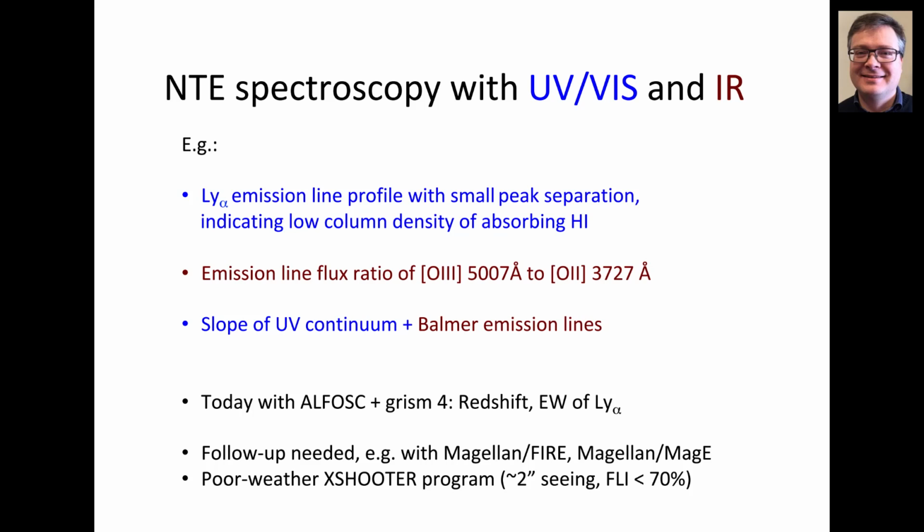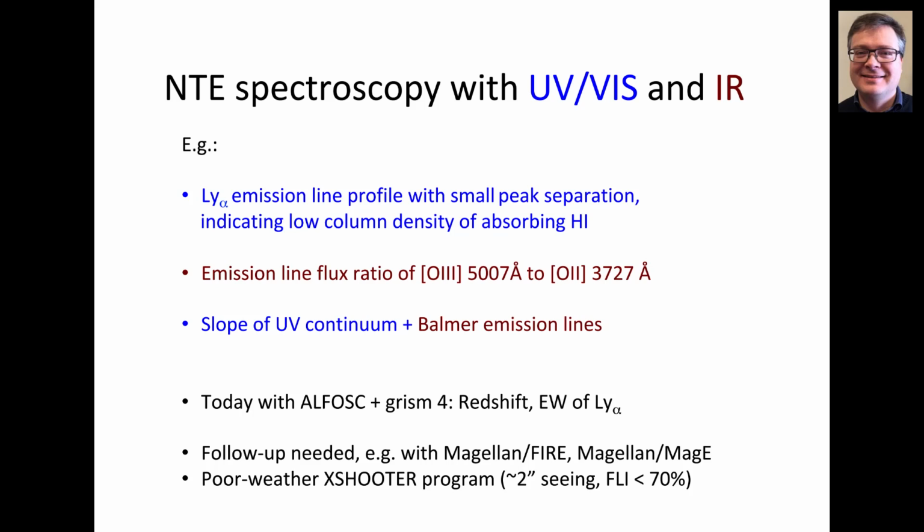Lunar illumination up to 70%, thin clouds. And virtually every source got us good data, both with these rest optical emission lines, Balmer lines, and Lyman alpha, whether it was in absorption or emission.